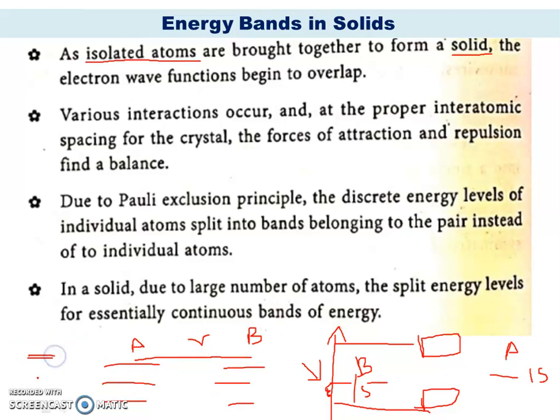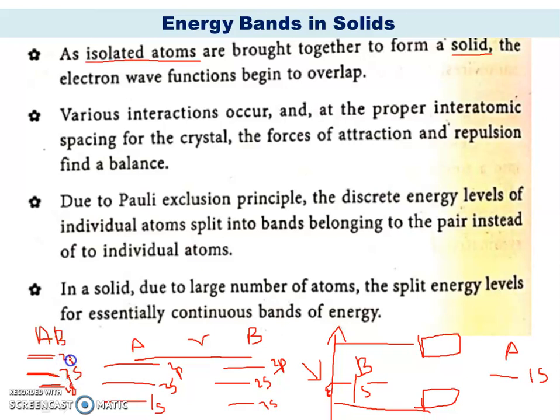Consider this is 1s, this is 2s, and this is 2p of A, and similarly 1s, 2s, and 2p of B. If A and B are brought close together, forming the AB system, this forms two levels of 1s, two levels of 2s, and two levels of 2p.